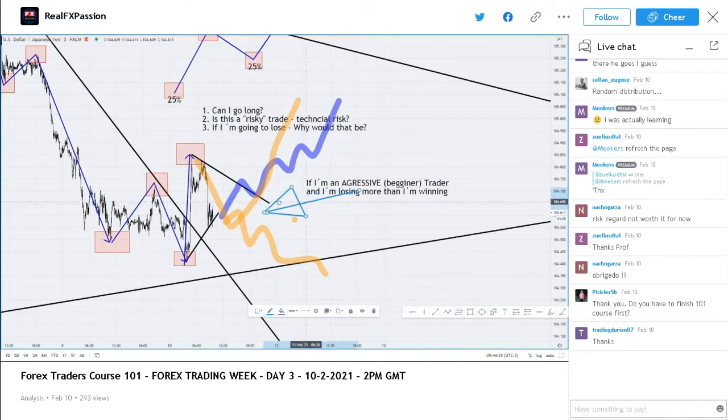Mikers, if we go long, and teacher Mikers, teacher Durian, and teacher Leroy, if we lose, what is the reason? Everybody, it's okay, but we need to address the technical risk. Make sense? And if I have more losers than winners, maybe I need to check why this is happening.